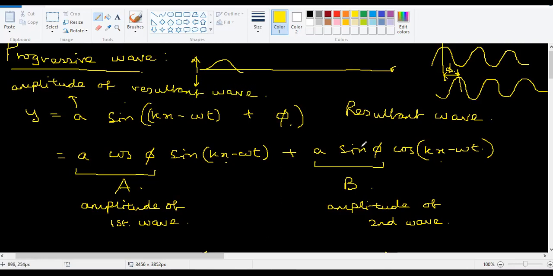In my opinion, the mathematics is very simple, but you may have trouble understanding what is what. So let me repeat it one more time. This representation is wave 1, and this representation is wave 2.